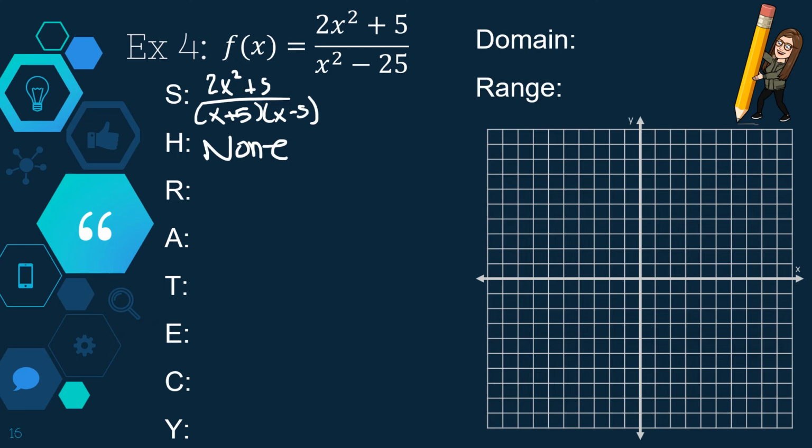Roots, if I set the numerator equal to 0 and I solve, I would subtract 5, I would divide by 2, I would square root. Oh man, let's take a look at that. Okay, so x equals, I'm going to have an i and a plus or minus because it's a negative and it's a radical.